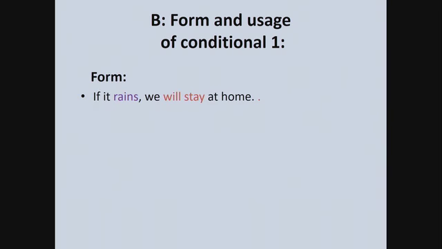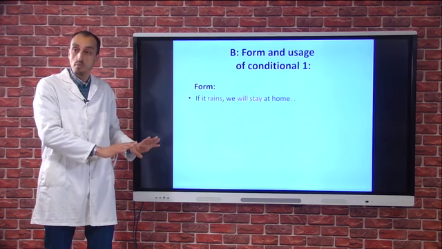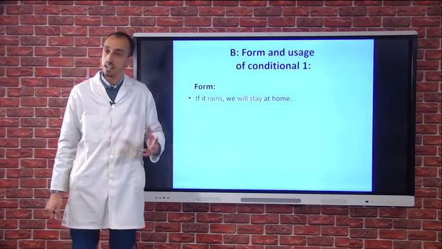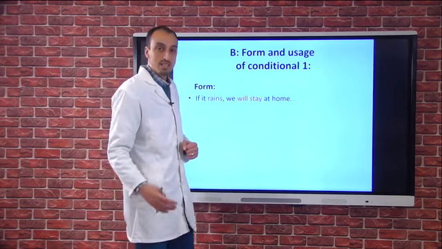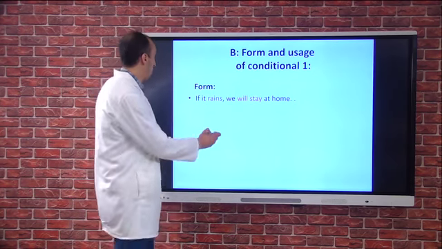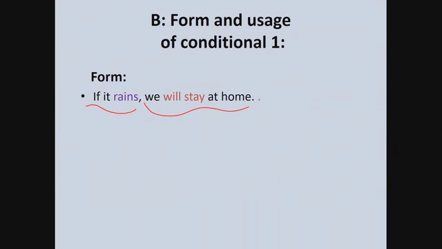So let's start with the form. So we have this example again. Study this example. Take your time. If it rains, we will stay at home. Again, how many clauses are there? Take your time to think. Right, we have 2 clauses.